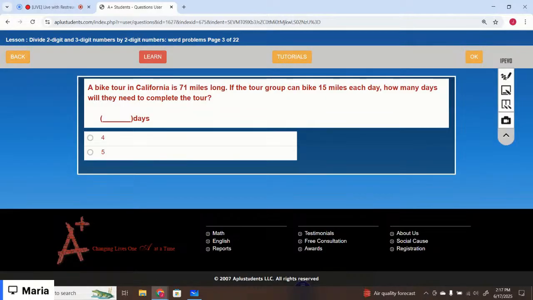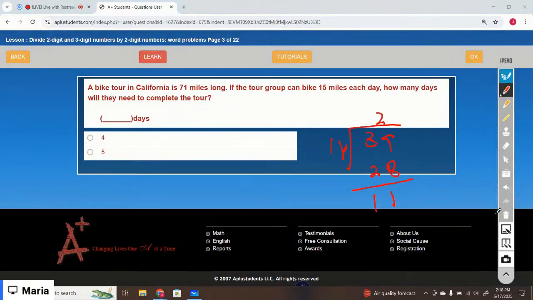The next one is a bike tour in California that is 71 hours long. If a cyclist can bike 15 hours each day, how many days will they need to complete the tour? So 71 divided by 15.